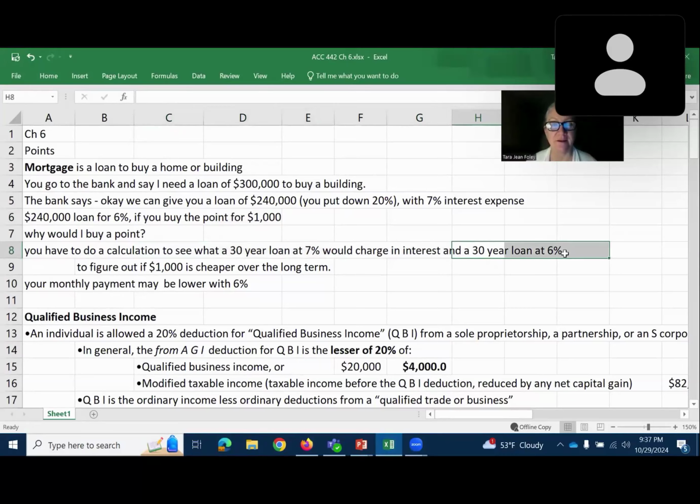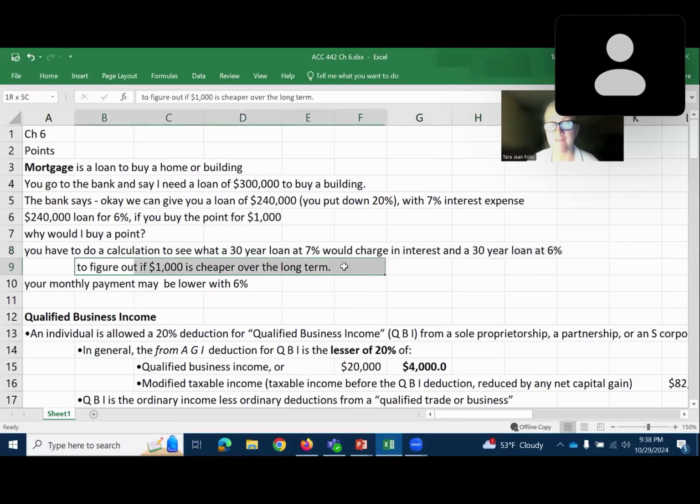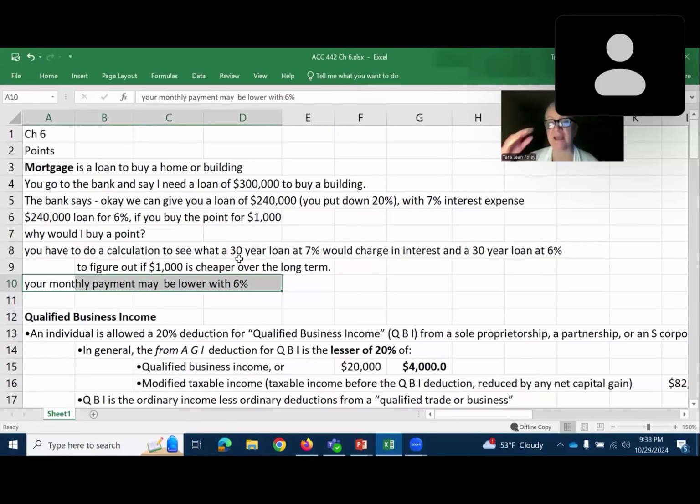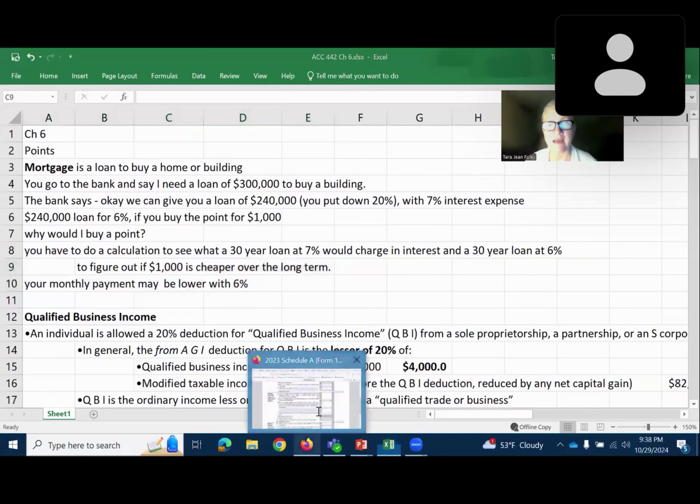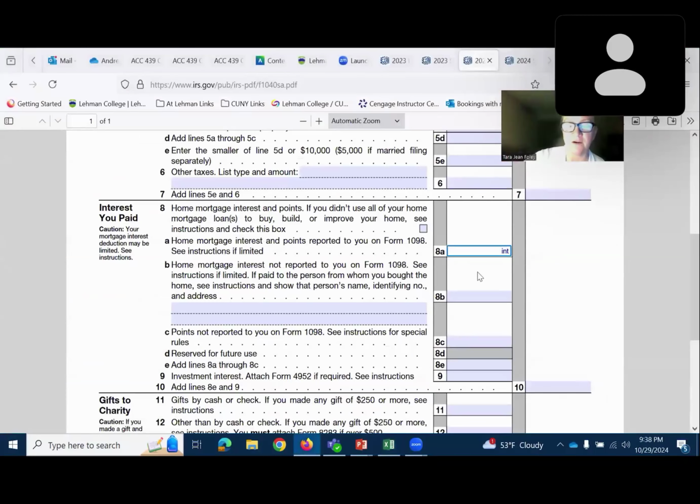If the difference between the two is greater than the amount you're going to pay for the point, in this case $1,000, then you might want to pay for the point, because your monthly payment would be lower at 6%, and over the 30 years you're going to be paying less. So if you buy that point, you put the interest that you paid for the year plus the $1,000 that you paid for that point. That's what a point is.